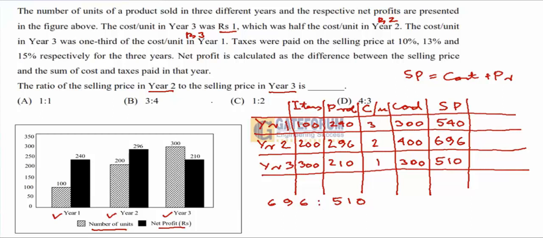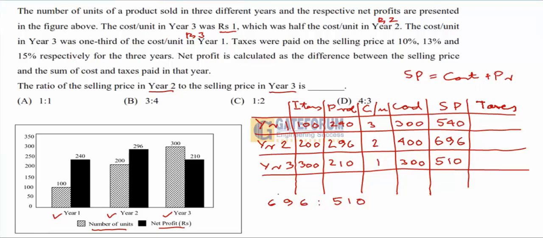No, we are wrong here, because the net profit that we have calculated will be dependent on the taxes. So we will have to take the taxes here. The selling price that we have calculated like this is not the correct one. So let us calculate the taxes here. How will we do that?